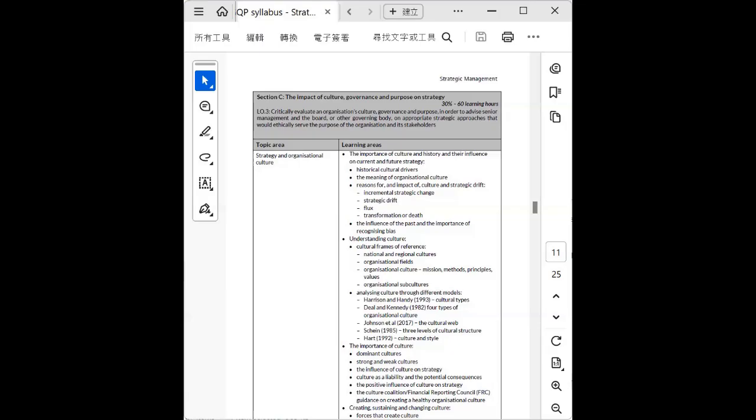That may lead to a period of confusion and instability when the old strategy failed, but the new strategy is not very clear.